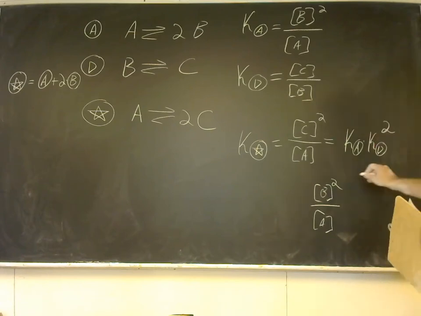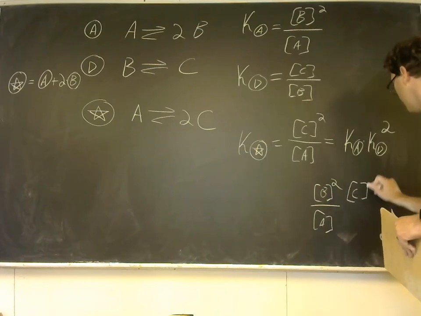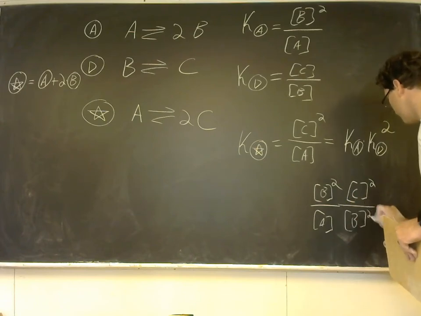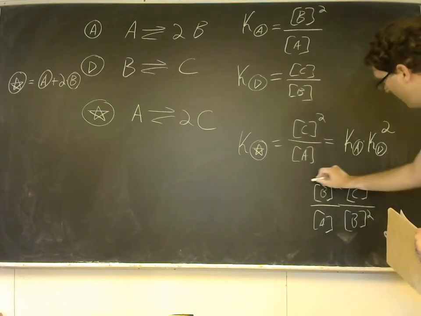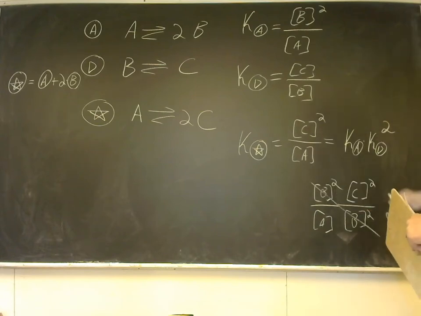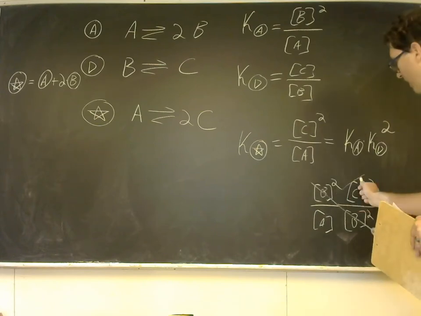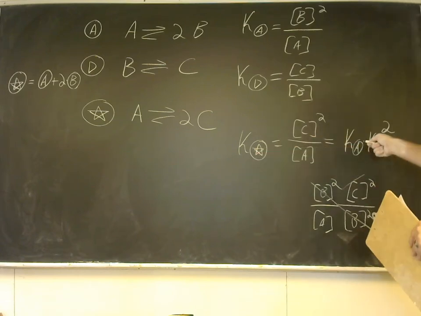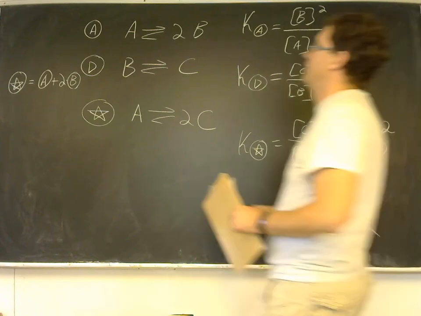What does that give me? That gives me a C squared in the numerator and a B squared in the denominator. And the B's cancel out, and we see that we're left with C squared over A. That's what we want. So K star is equal to the product of Ka and Kd squared.